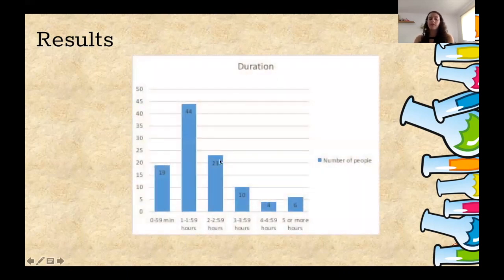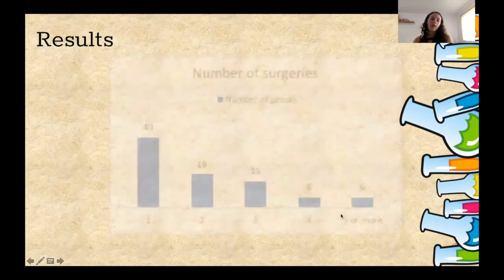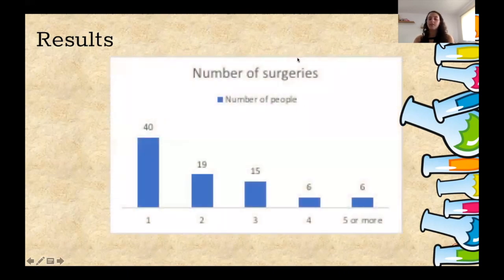Also, the duration of the surgery, almost all of them were from 1 hour to almost 2 hours. That isn't really long. And the number of surgeries, most people had one surgery.